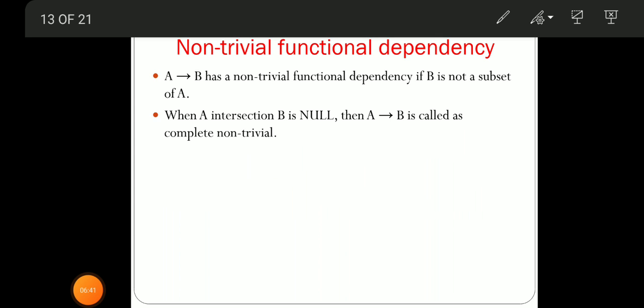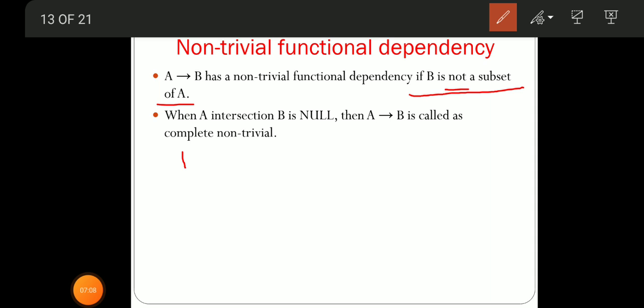So here the definition is given: A to B has a non-trivial functional dependency if B is not a subset of A. Right, here we have to focus on not. And one more condition is there: when A intersection B is null, then A to B is called a complete non-trivial functional dependency.